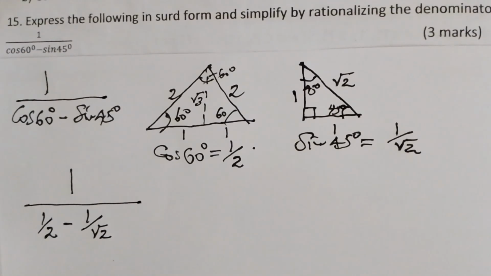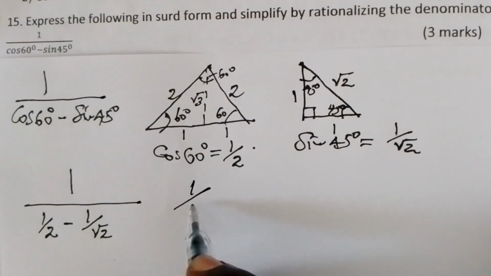So we want now to rationalize this. And how do we rationalize this? First of all, we have to rationalize 1 over root 2 by multiplying by the conjugate, which will be root 2.